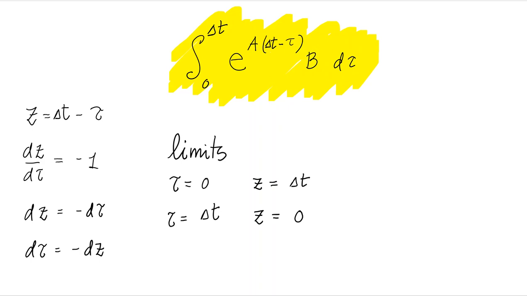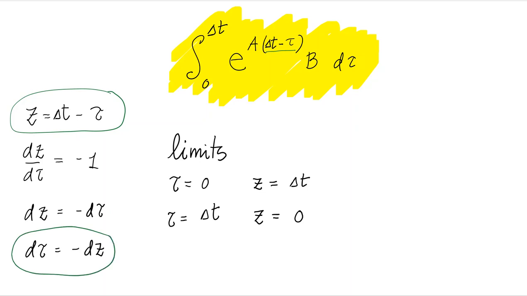And if we do a change of variables, we're going to define a new variable z equals delta t minus tau. If we take the derivative, we arrive at this expression here. d tau is equal to minus dz, and so that will substitute in here. And if we substitute the limits, when tau equals 0, z is equal to delta t, and when tau equals delta t, z equals 0.